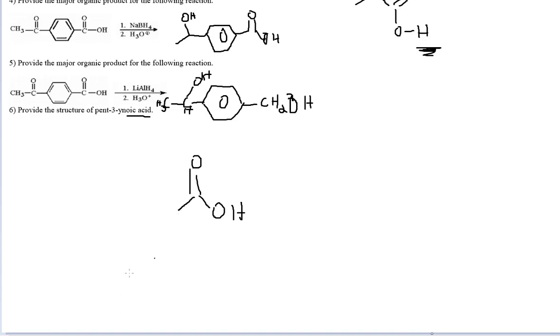We have carbon 2. But on carbon 3, we see a triple bond. Then 4, and one more makes 5, so this has 5 carbons. We have all the carbons present. We see the carboxylic acid is present on carbon 1, and on carbon 3 we have the alkyne. So this is our molecule that we're looking for.